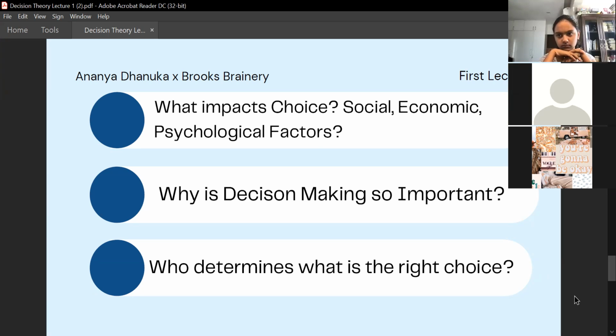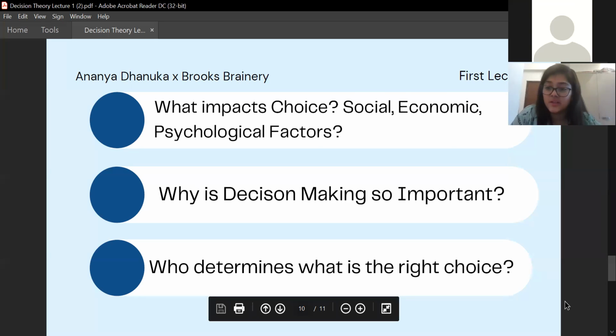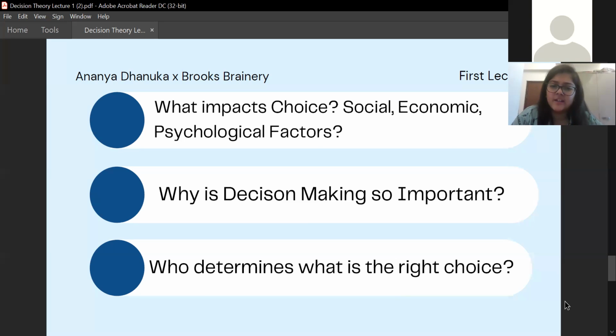So essentially, we can conclude that if culture and tradition and the influence that other people have on us impact our choices, then can we generalize these choices to the entire world? When we talk about economic theory, it's not defining different ways in which Indians take decisions, different ways in which people from Bangladesh take decisions, or people from the United States take decisions. Is there a different theory for all of these different types of people?